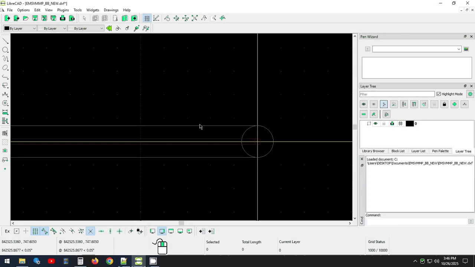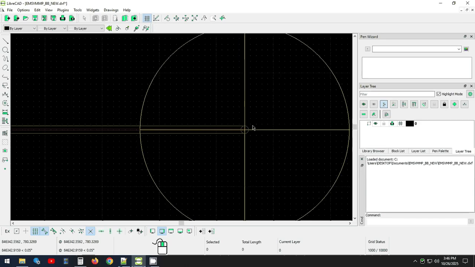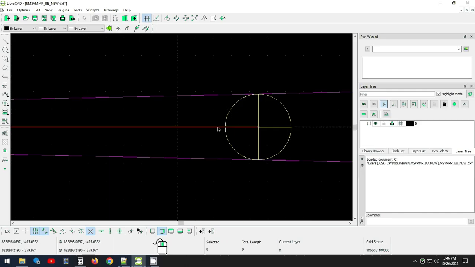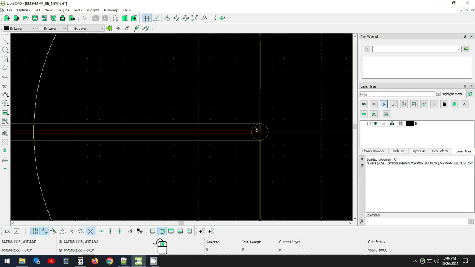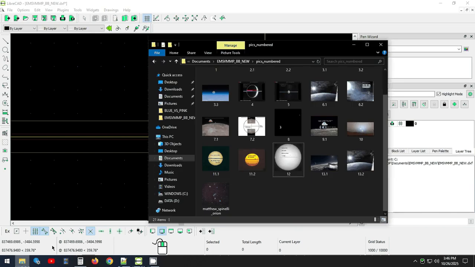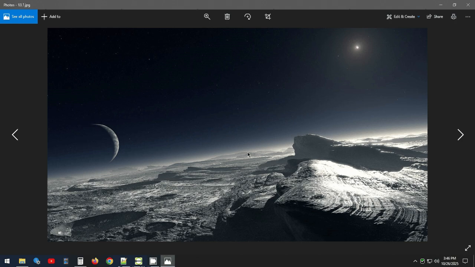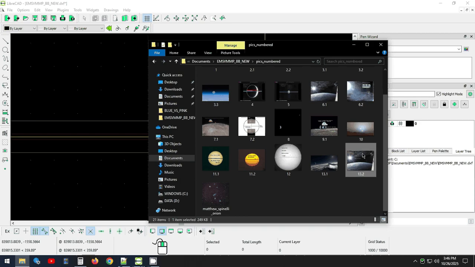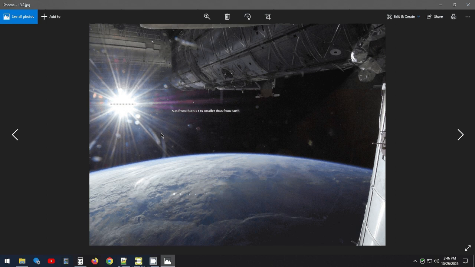Now, because I don't have enough references, I can't, per se, prove exactly where Mercury and Venus would be in the drawing. But for Pluto, with this photo here, I compared the Sun in the picture to the Sun that we have from Earth orbit, and it's 17 times smaller than from the Earth.